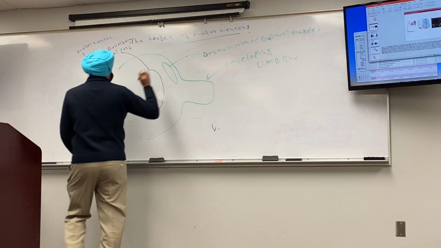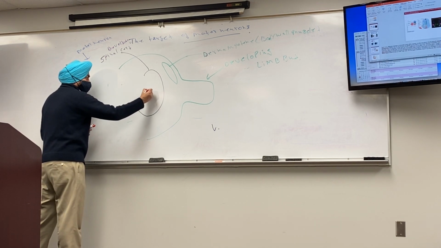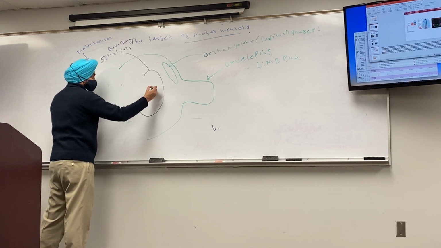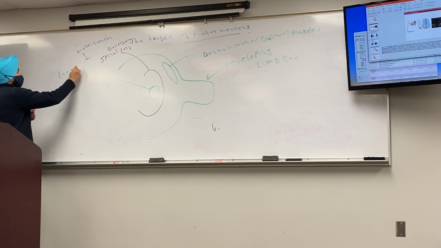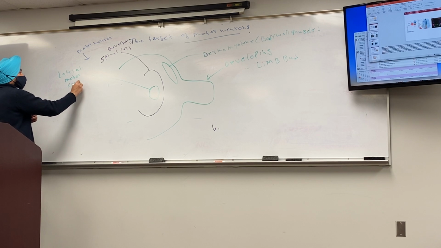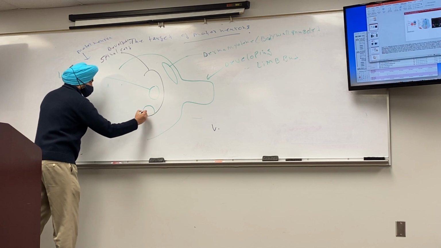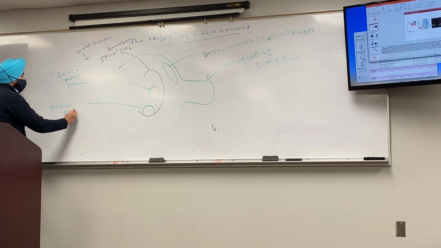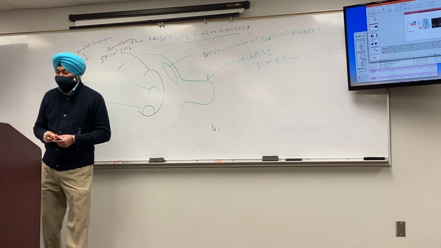Now, let's say right here are the neurons of your lateral motor column, and right here are your neurons of the medial motor column. Let's just talk about two columns and see.